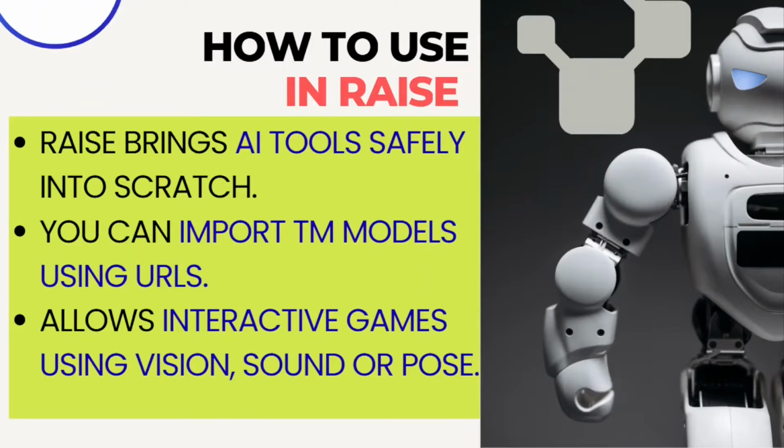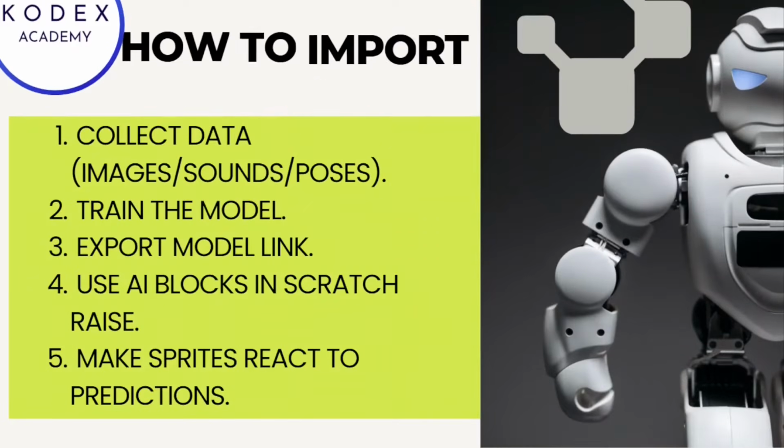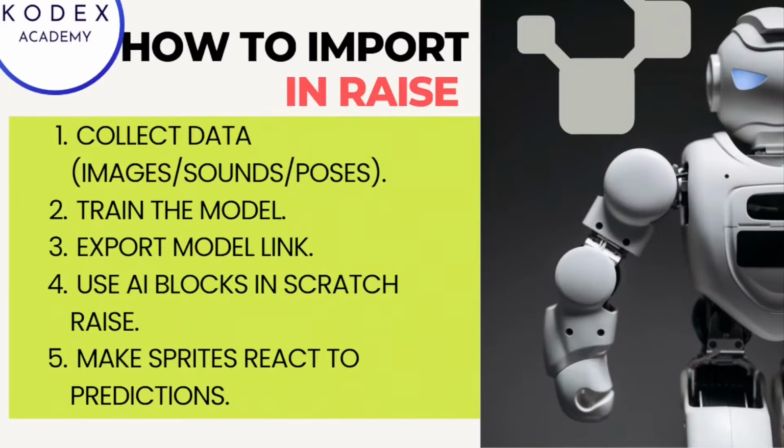Now we'll show you the steps we need to follow while we import a Teachable Machine model in Raise. The first step, we will collect the data in Teachable Machine in the form of images, sounds or poses. Then afterwards, we train the model, and then we import the model link in the form of a URL on the Raise platform on Scratch.